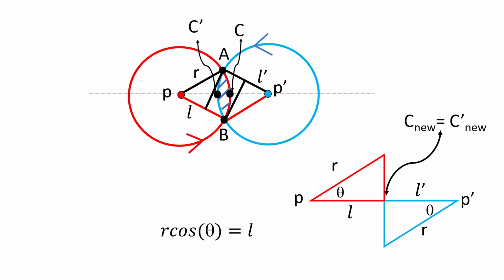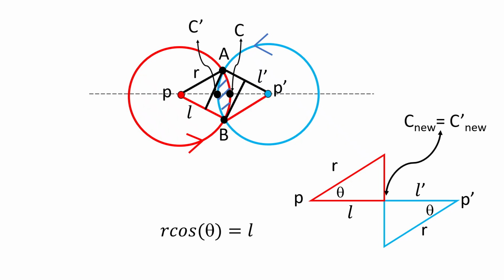If both circles rotate counterclockwise at the same rate, then the red circle will travel along the arc BC, while the blue circle travels along the arc A to C prime, because both of these arcs are represented by the same angle, namely theta over 2.